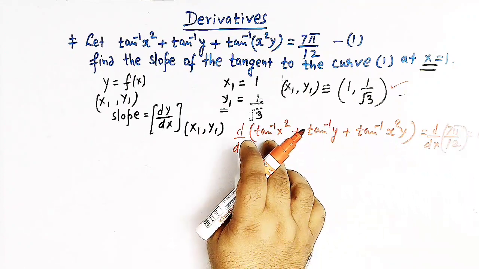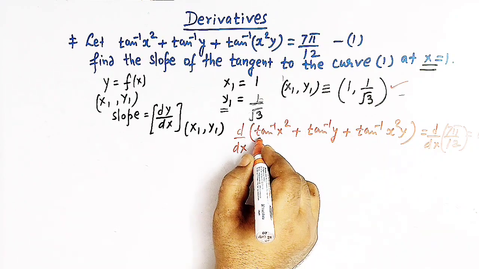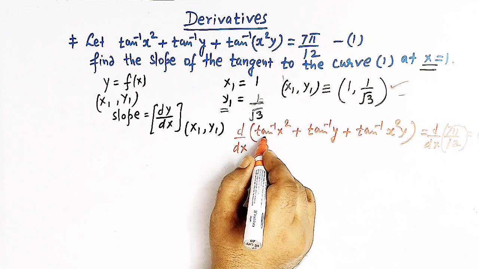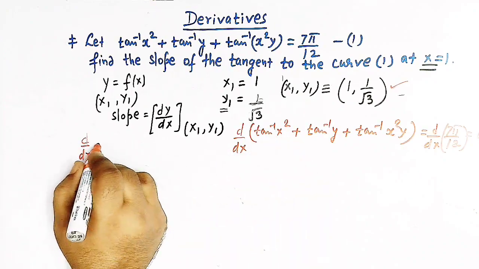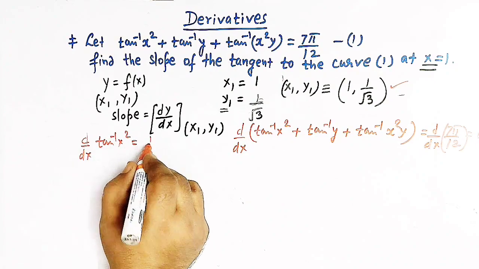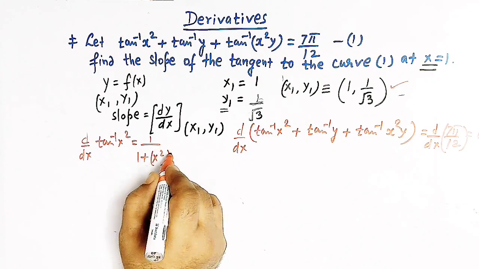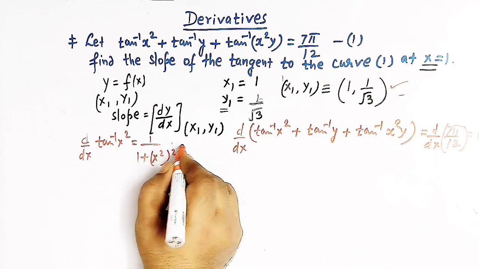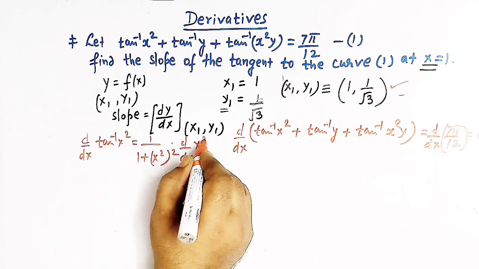So we'll do the differentiation term by term. First we have to differentiate tan inverse x square. The derivative of tan inverse x square is given by 1 over 1 plus x square whole square, and then by chain rule we have to find the derivative of x square.